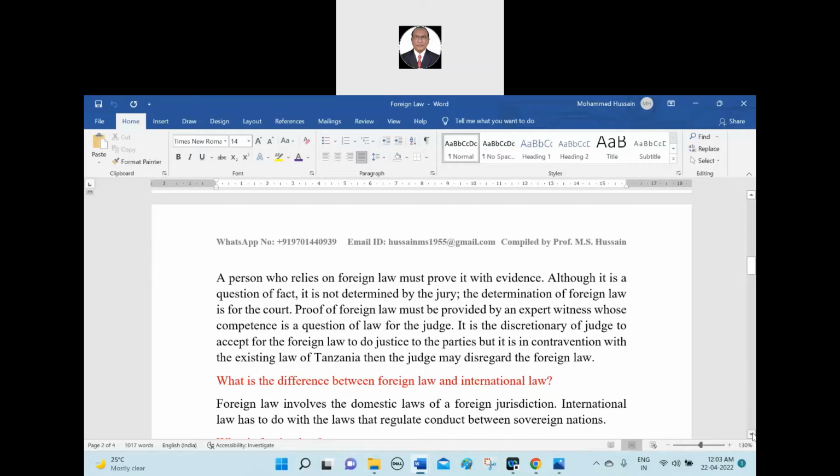But the condition is that it is not in contravention with the existing law of Tanzania, and the judge may disregard the foreign law if there is contravention. Is it clear?